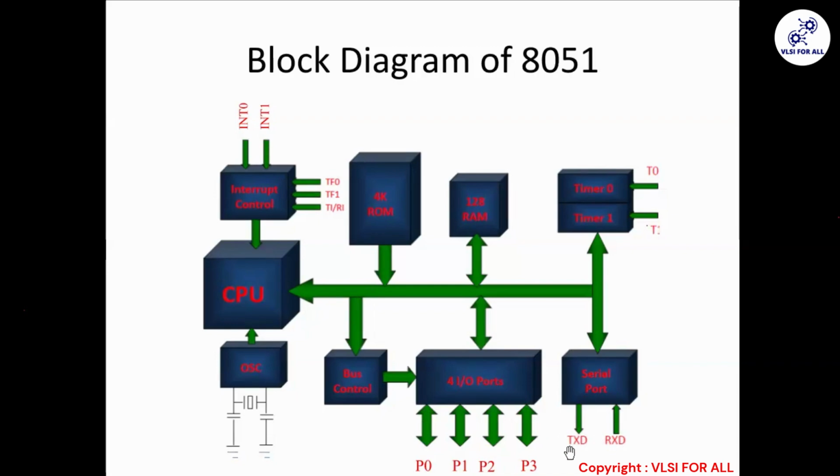It is used for USART, Universal Synchronous Asynchronous Receiver Transmitter. In that way of communication, you can use TXD and RXD on the serial port to have serial communication. So that way the block diagram is there. This is not the architecture, but a block diagram trying to give you an overview of our microcontroller. Okay, so I'll go to the next part.